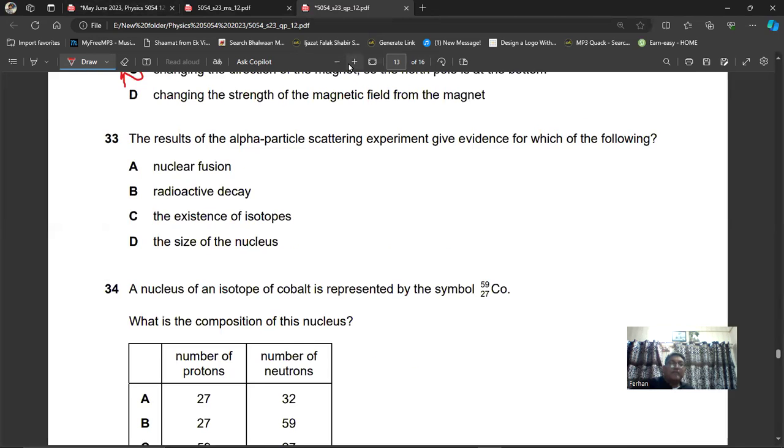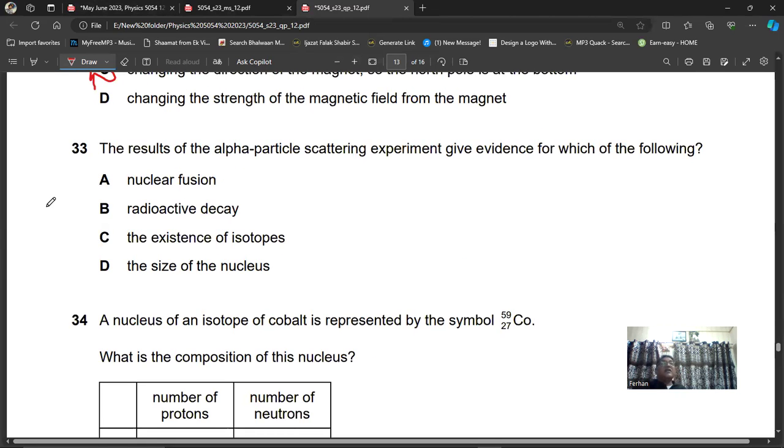Oh, sorry. Question number 33. The results of the alpha particle scattering experiment give evidence for which of the following? The alpha particle scattering experiment, which we call the Geiger and Marsden experiment, found that the atom has a nucleus.